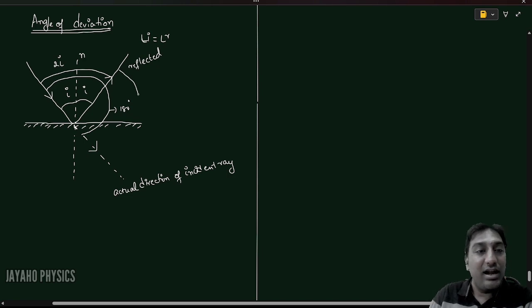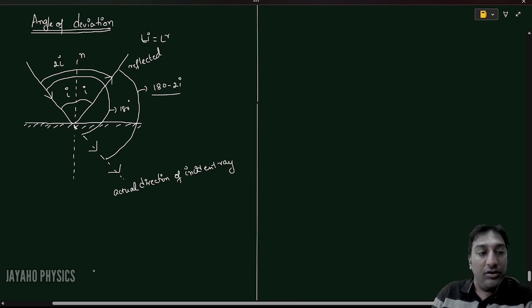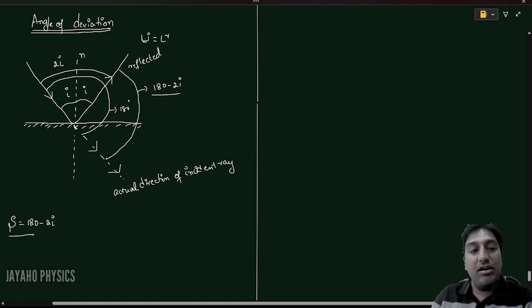So the angle between the actual direction of the incident ray and the reflected ray is 180 minus 2i. Therefore, the basic formula for deviation is delta equals 180 minus 2i. If the angle of incidence i is equal to theta, then the angle of deviation is 180 minus 2 theta.